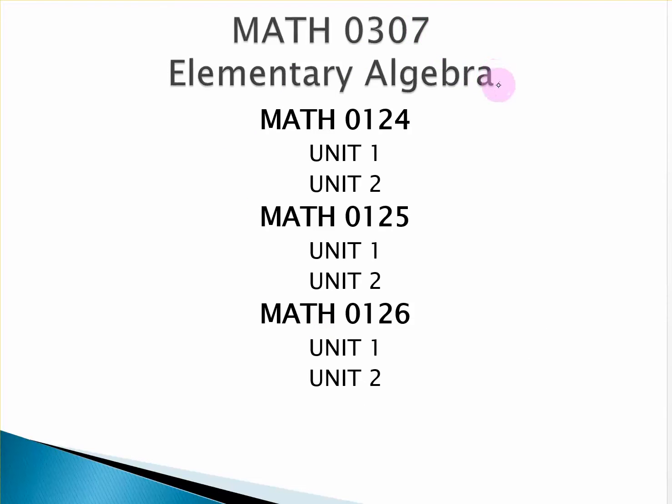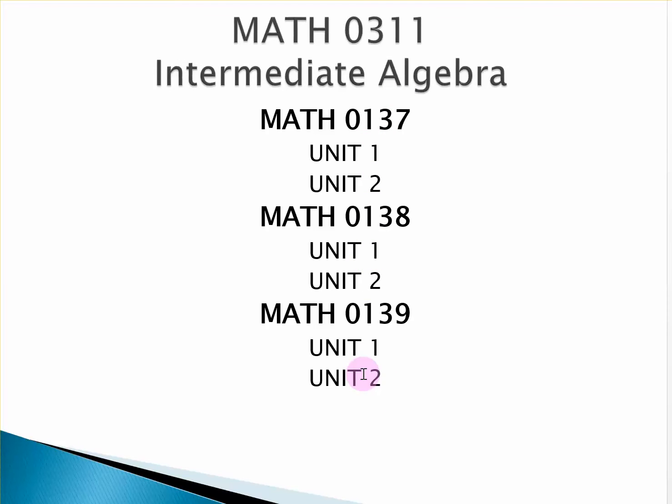It is Math 124 with 2 units, 125 with 2 units, 126 with 2 units. So to complete the semester, you most probably will need to do 6 units. The same is true for 0311, made up of 137, 138, 139. Each has 2 units, which are like chapters.